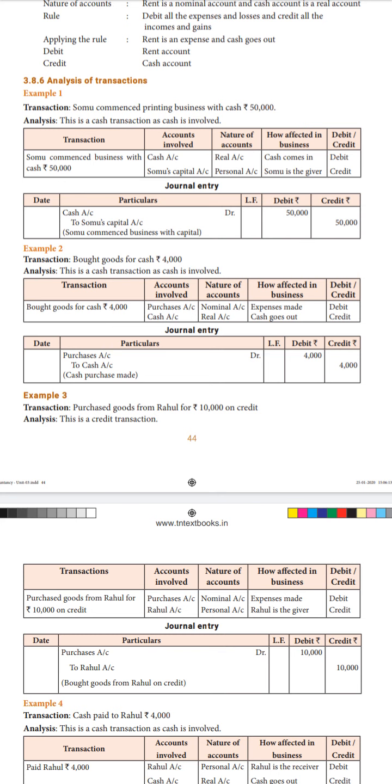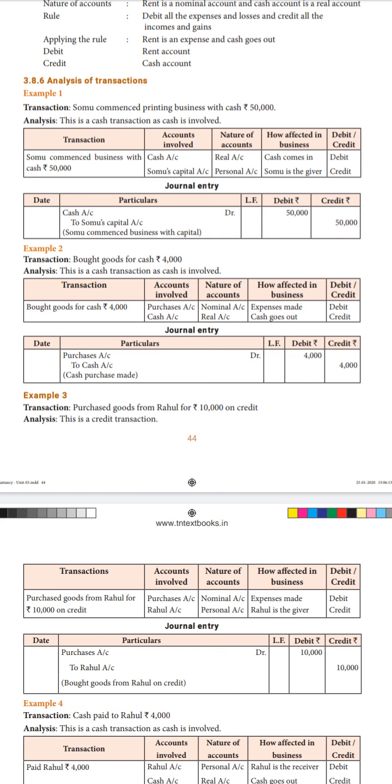For the business, we are getting the cash, which means cash is coming in, so we have to debit the cash account. That is what is given in the fourth column, how affected in the business, and the fifth column is debit or credit. So cash is coming in, so we debit. The next one is personal account.